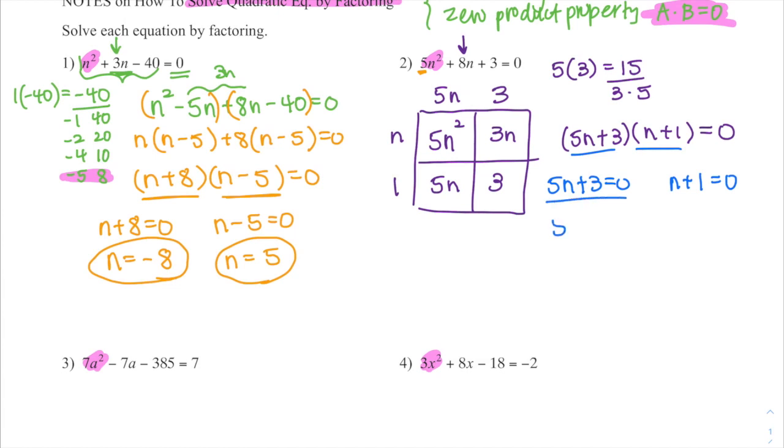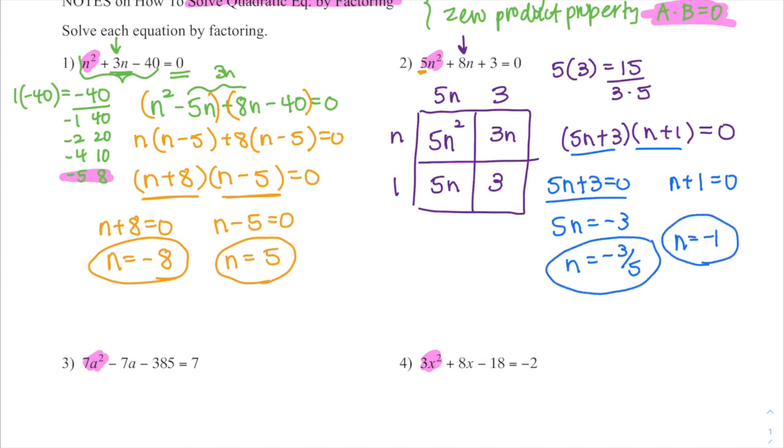Alright, so in this first equation, we're subtracting 3, but then we also have to divide by 5. So we get n equals negative 3/5, and n equals negative 1. Alright, so as you can see from these two examples, it's pretty much what you've been working on.